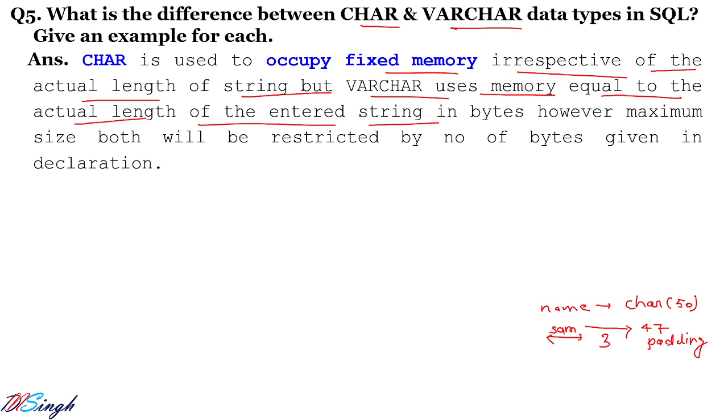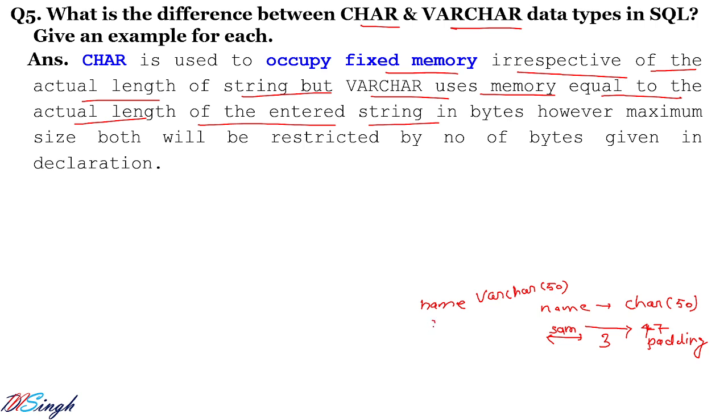What does padding mean? Padding means some useless information will be there, or it is just padded with some extra information which is not meaningful, and these 47 character spaces will be wasted. But if I declare the same column name with varchar 50, then what will happen?